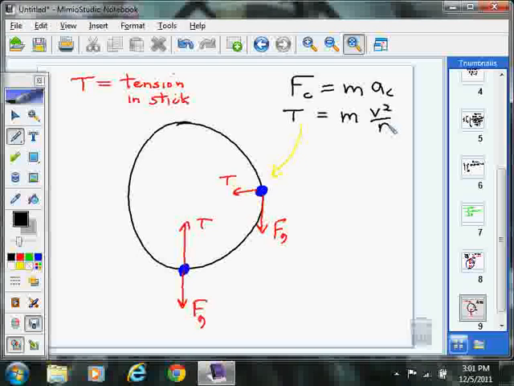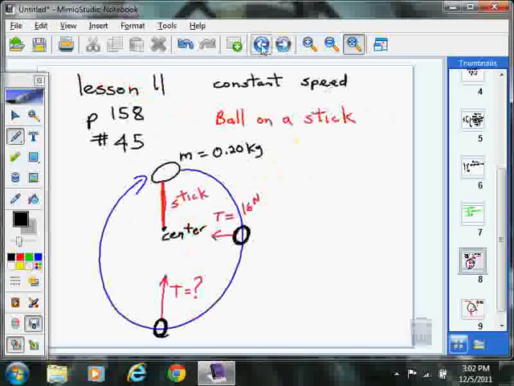FG in no way, shape, or form is pushing that object towards the center of the circle. There's no component of FG that's acting along the radius. It's perpendicular to the tension force, so there's no component of FG that's playing a role. So basically, we know what that tension force is. They told us that the tension force is 16.